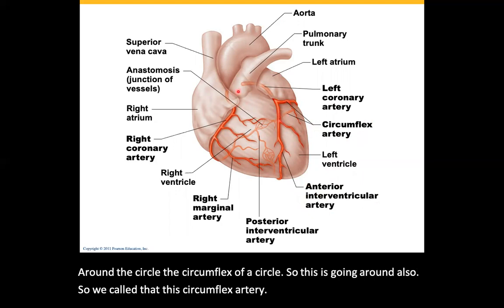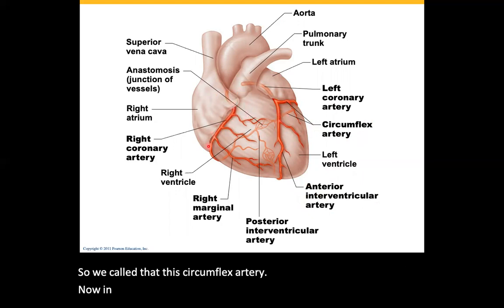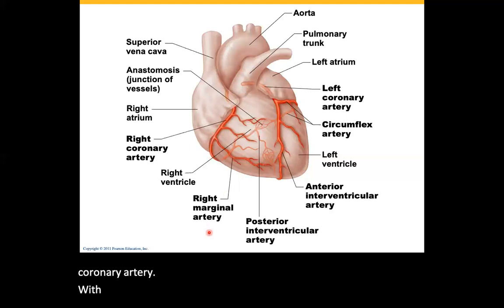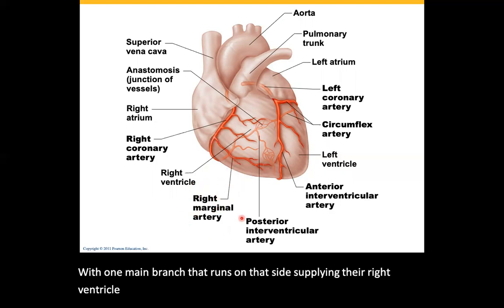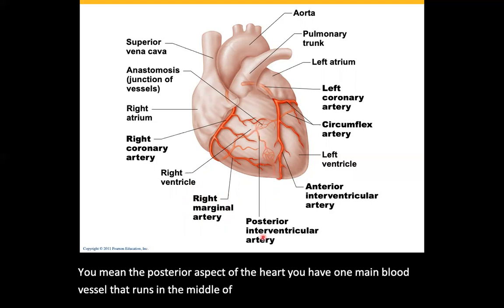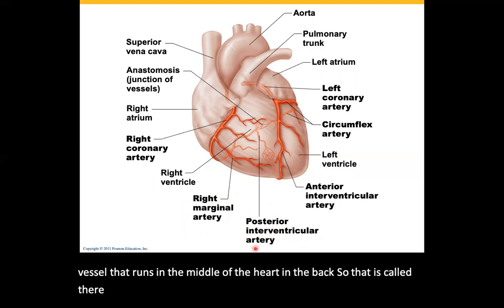Now, in the anterior aspect on the right-hand side, we have the right coronary artery with one main branch that runs on that side, supplying the right ventricle, called the right marginal artery. In the posterior aspect of the heart, you have one main blood vessel that runs in the middle of the heart, in the back. That is called the posterior interventricular artery.